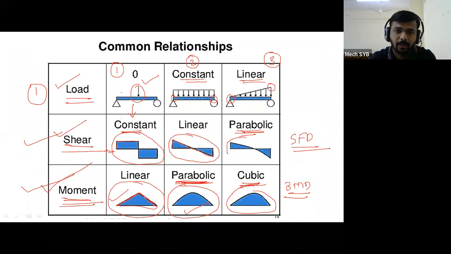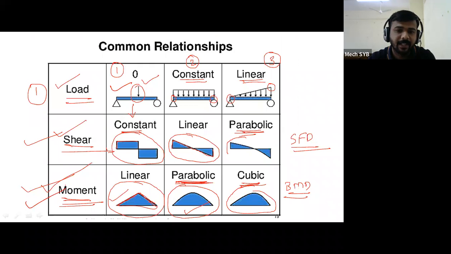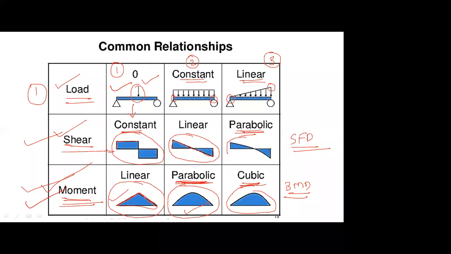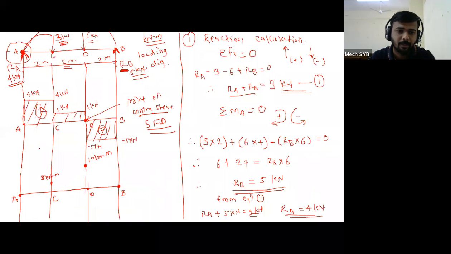For the point load, SF diagram is already represented by the horizontal line and vertical lines. But what about bending moment diagram? Linear, inclined line. Linear line means it is inclined lines. And if you check our diagram, and if I will join point A to C, C to D, D to B, automatically there will be the inclined lines like this.